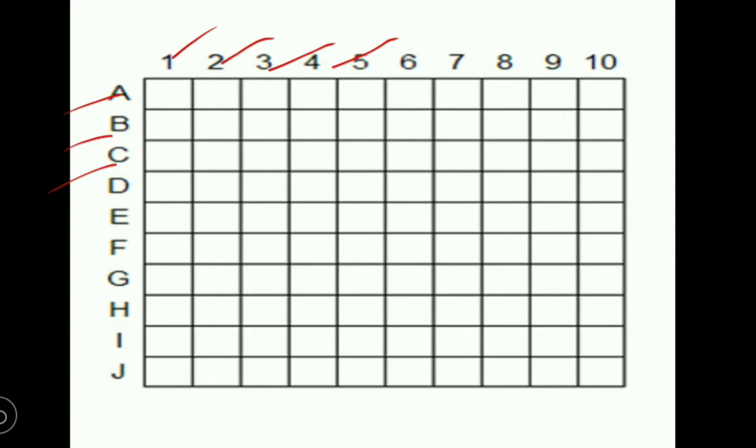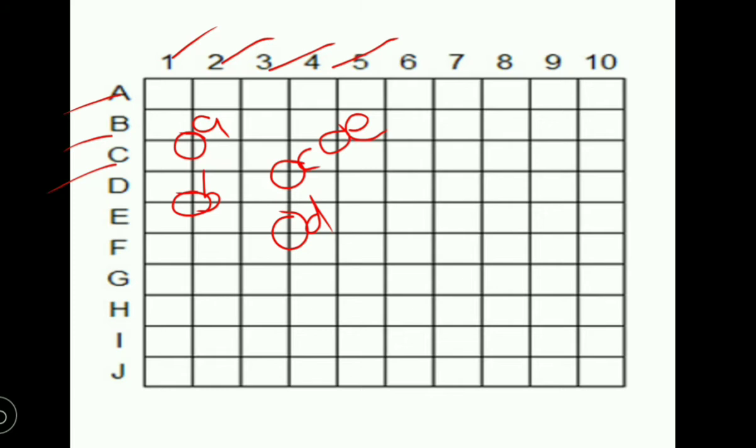In column one, at row B, we have one intersection point that we have named A. Next, in the first vertical line, at the D intersection point, we have given the name B. In the third vertical line and the third horizontal line C, we have given the intersection point as C. In the fourth vertical line, in row B, we have given this point as E. And another one, from the third vertical line up to E, at this intersection point we have given the alphabet D.